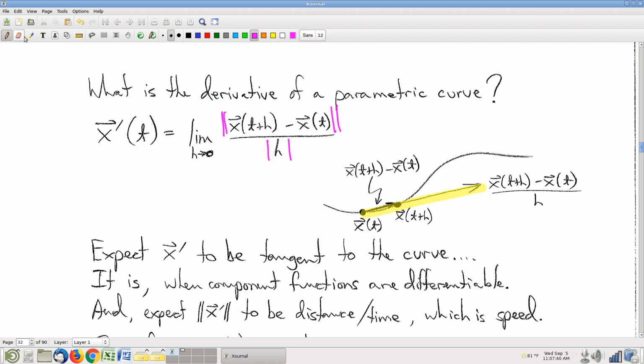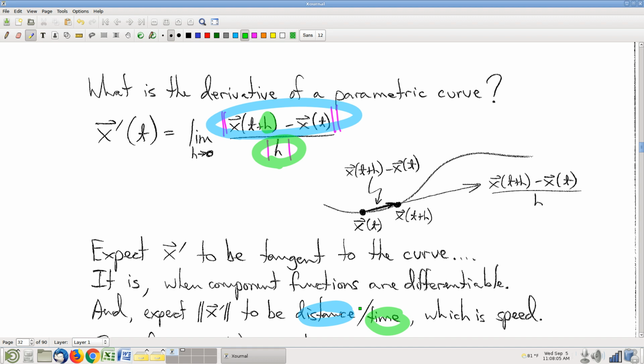And if you think about it, that is distance. That's an elapsed time between the two moments that I'm looking at. I'm looking at the moment when time is t, and then I'm looking later at the moment when time is t plus h. So h is an amount of time. Distance divided by time. That's speed.